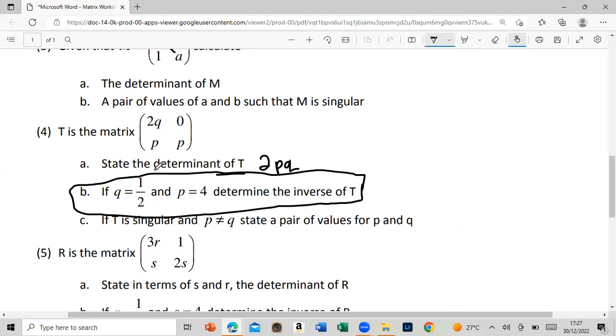So what was the original thing that they gave us? It was 2Q, 0, P and P. So the determinant would be 2PQ, and for T to be singular, 2PQ must equal 0.